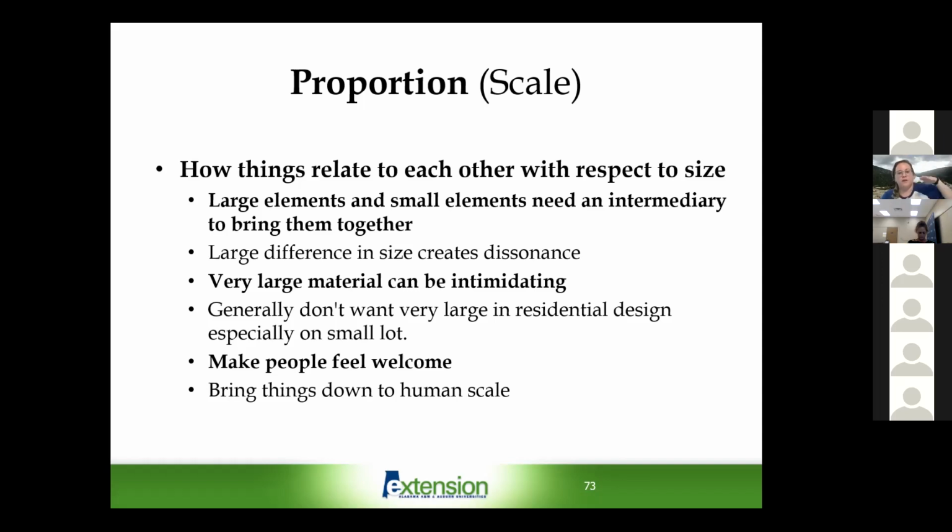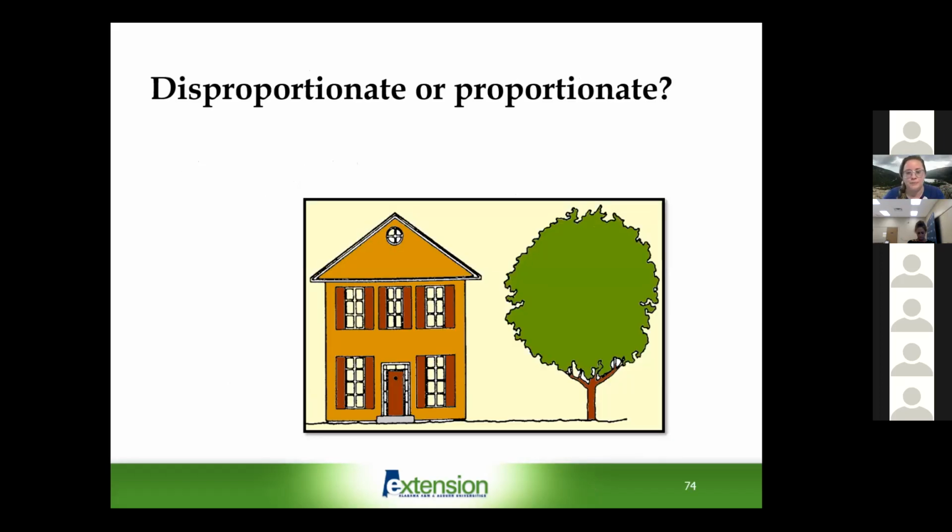We talked about grass meeting a building. When grass meets a building, we need something in the middle to break it up. We need those foundation plants. Very large materials like that tree can be intimidating. We usually don't want something that big with a smaller home. You want to make people feel welcome. You want to bring things down to the human scale.